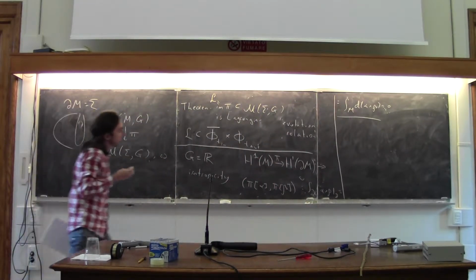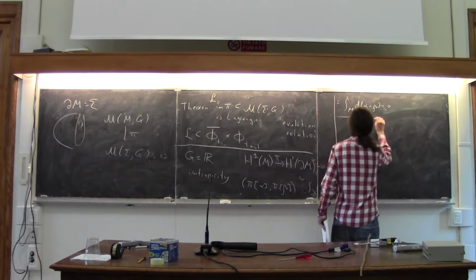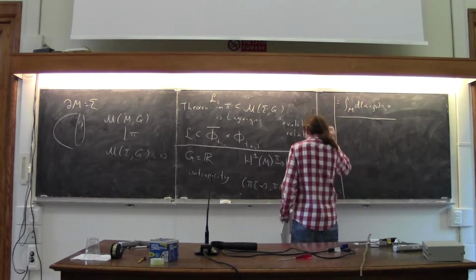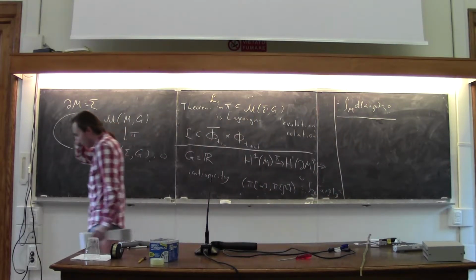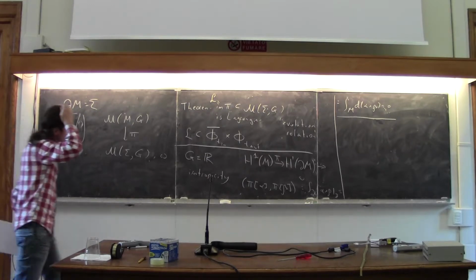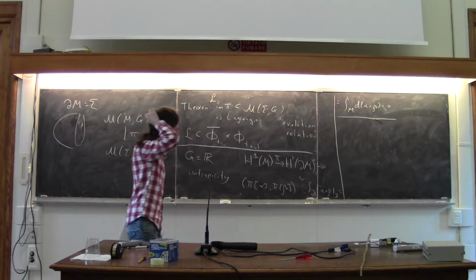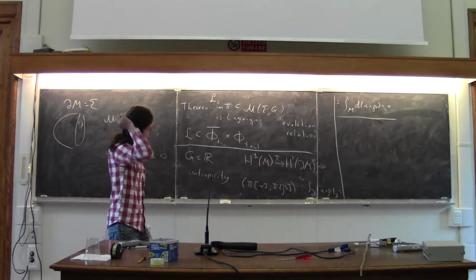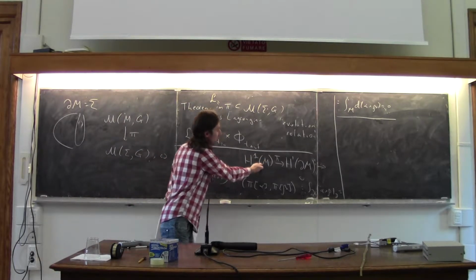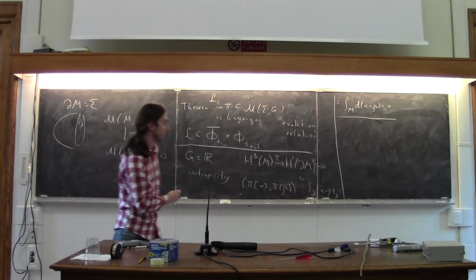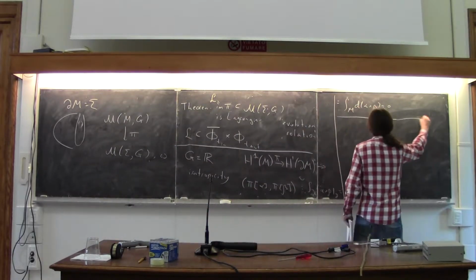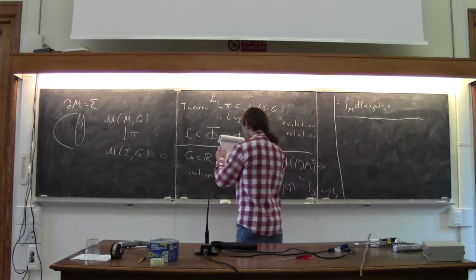Lagrangianity uses just a little bit more. Lagrangianity uses non-degeneracy of Lefschetz duality between absolute homology and homology relative to the boundary. So how does it work?